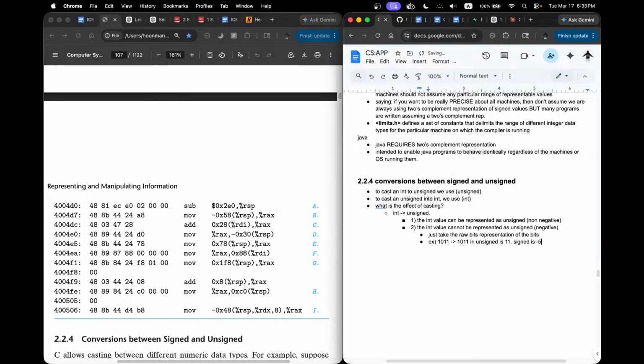Signed is negative 5. It'll just be negative 5 to 11. Another thing is if we're going from unsigned to int. In one case, we are within the max and min, so we just represent it as is.